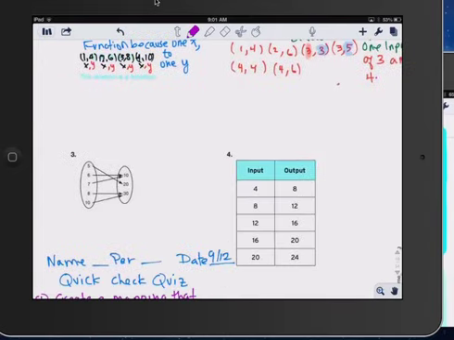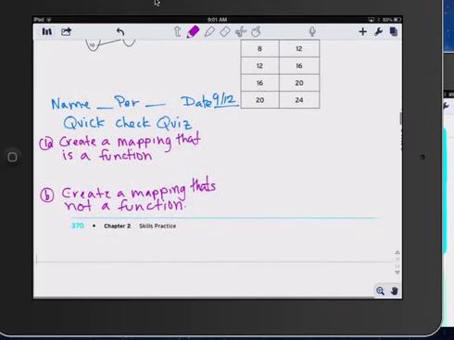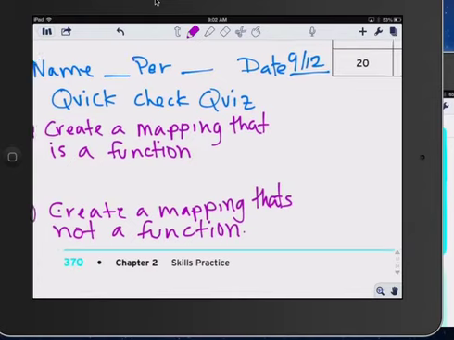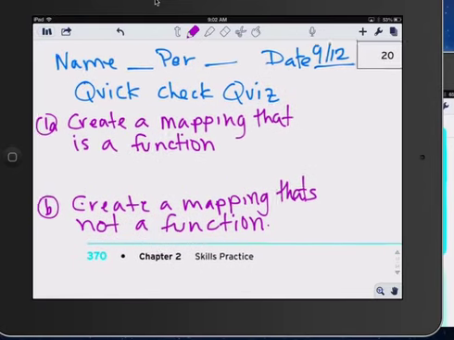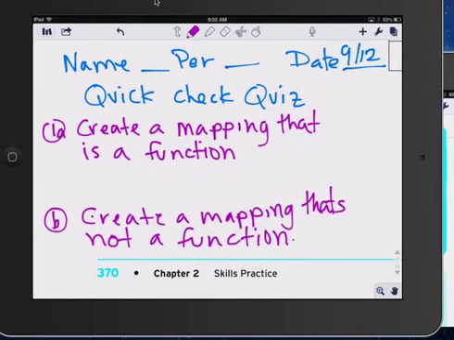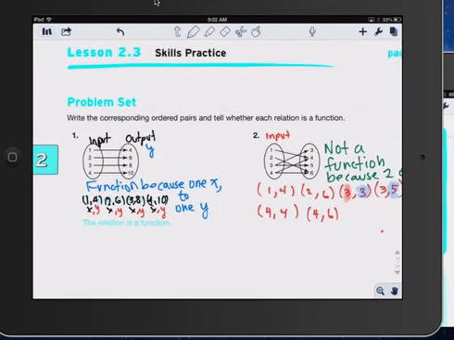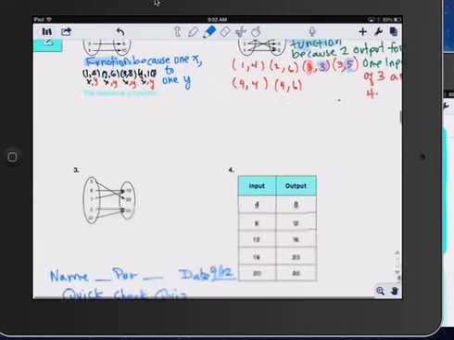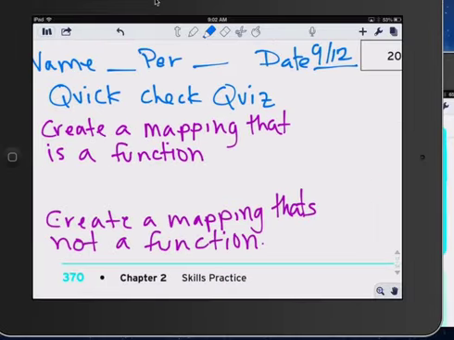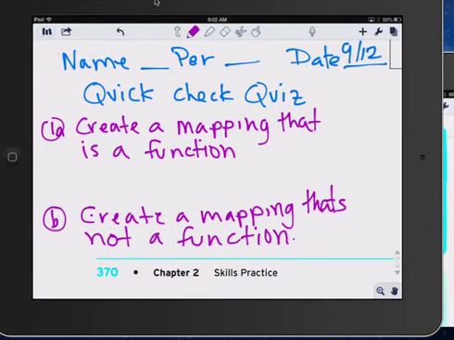Right now on lined sheet of paper, because I just taught you what is a function and what is not a function. I want you to create a mapping that is a function and create a mapping that is not a function.